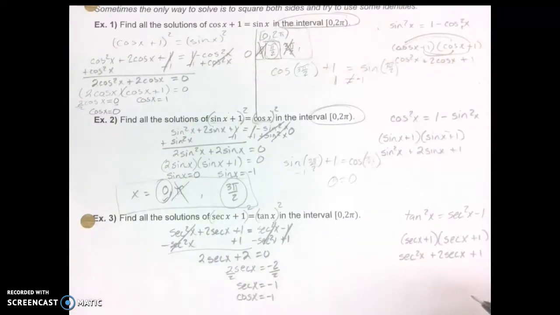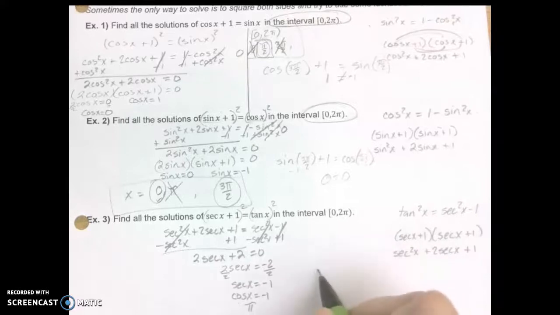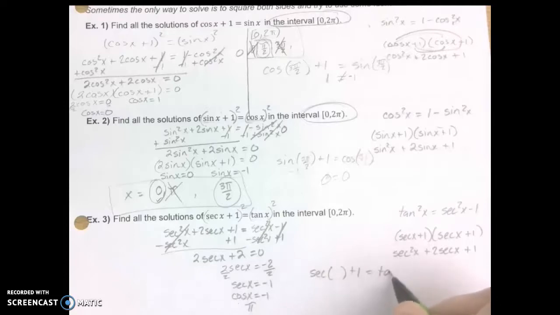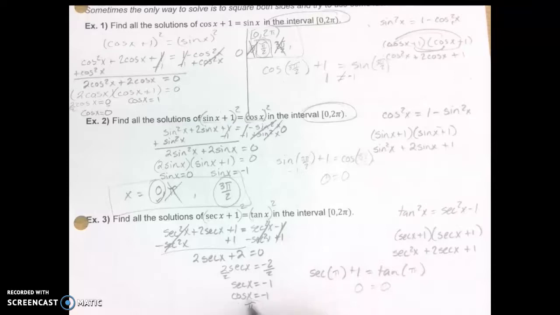And so what angle will work for cosine of x being negative 1? That's pi. So then we come over here and we have to check it. Secant of pi plus 1, does it equal the tangent of pi? The secant of pi is going to be negative 1. Negative 1 plus 1 is 0. What is the tangent of pi? 0. So it does work.